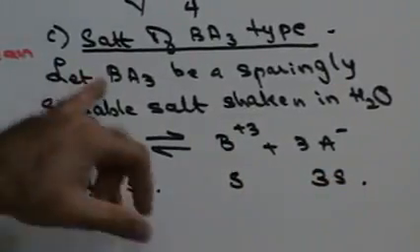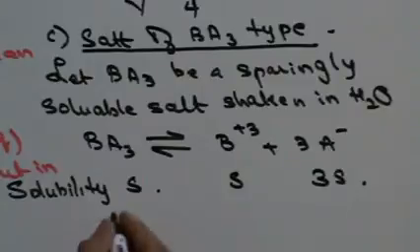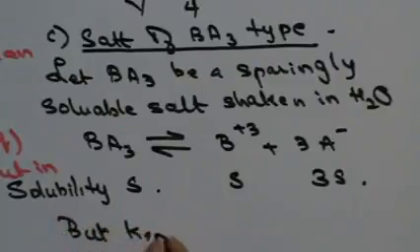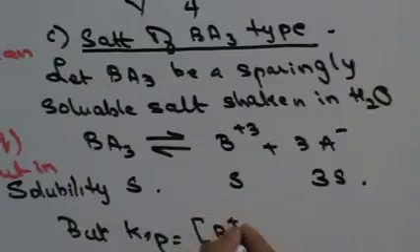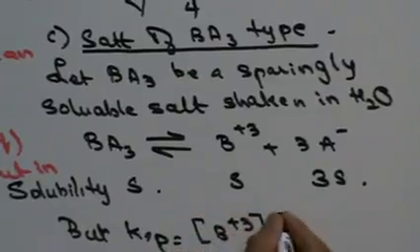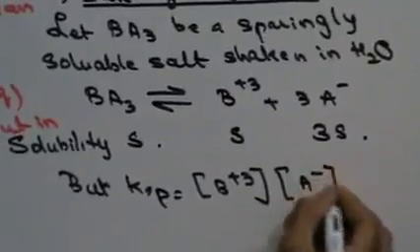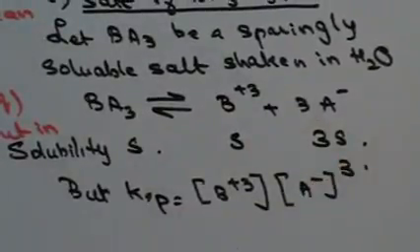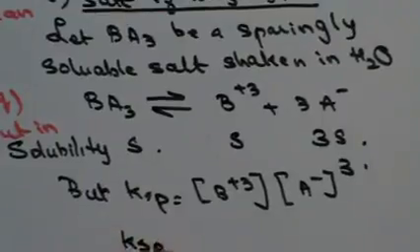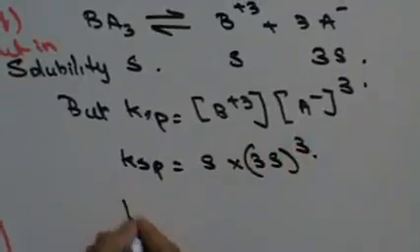Since this is BA3, the solubility product is going to be the active mass of B plus 3 into the active mass of A minus, cubed. So I can say that KSP is going to be S into 3S the whole cube.